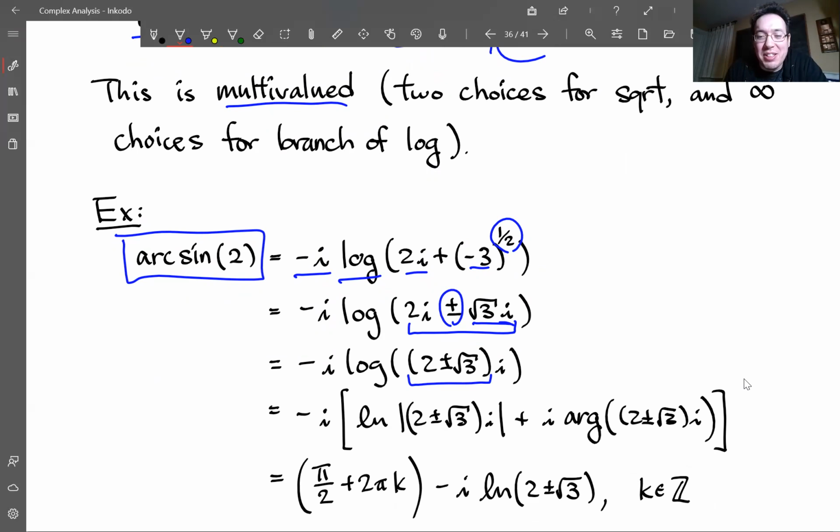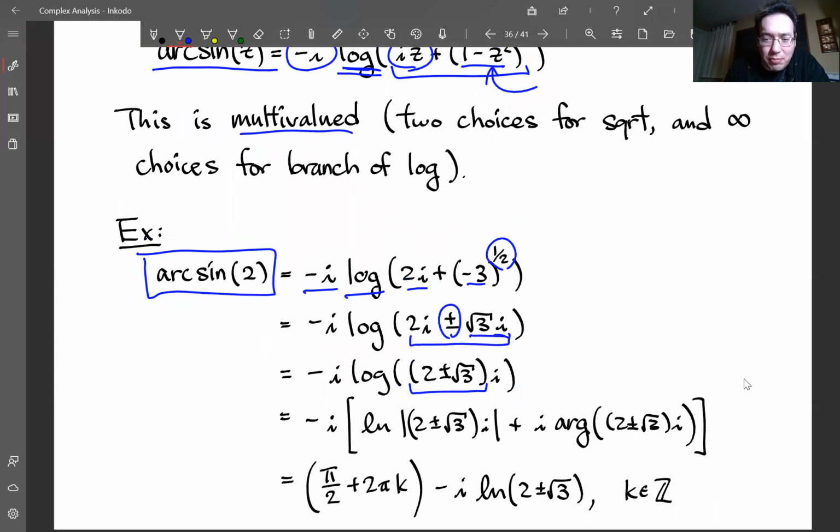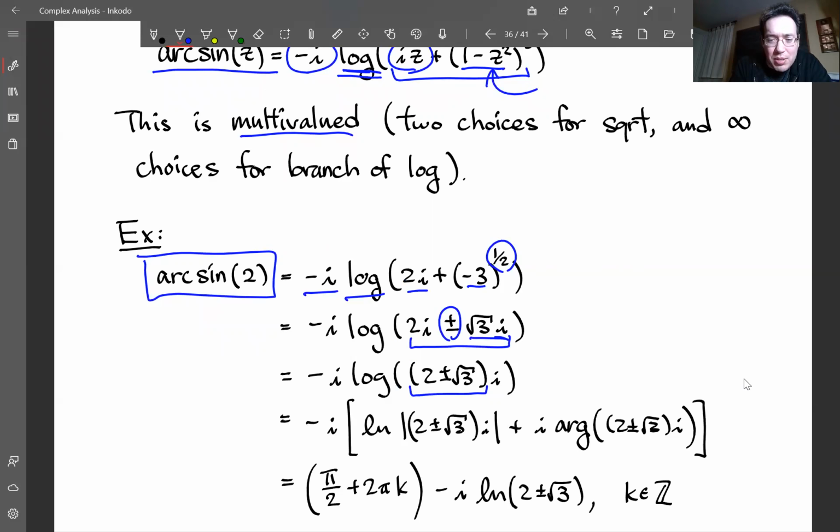Okay, so let's use the complex definition of the log function here. We're going to take the natural log of the modulus of this plus i times the argument of (2 plus or minus square root of 3) times i.